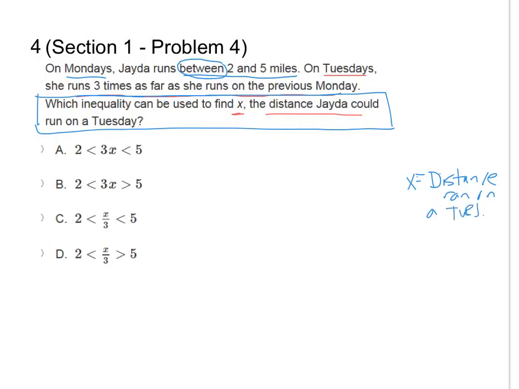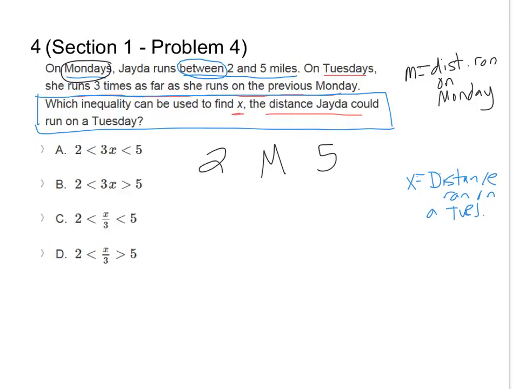First off, the information that we have is we know how far she runs on a Monday. So let's use that. I'm going to say the M would be distance ran on Monday. So we know that on Monday, M, this is how far she's running, she runs between 2 and 5 miles. So I'm going to put a 2 on this side and a 5 on this side because the M is how far she ran.